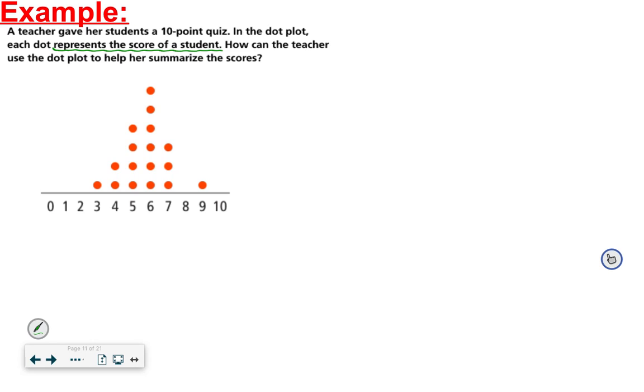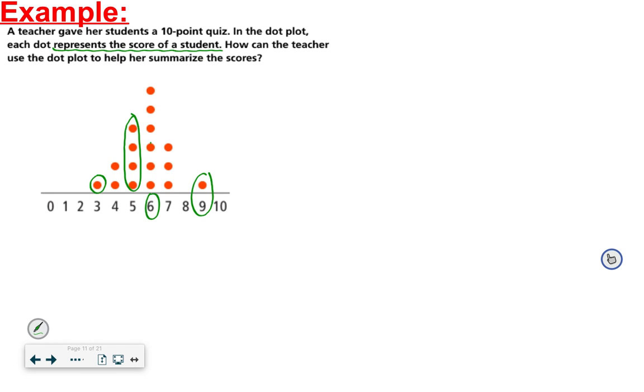One student got 3 on the quiz. There are 4 students who got 5. 6 students got 6 from the 10-point quiz, and 1 student got 9.